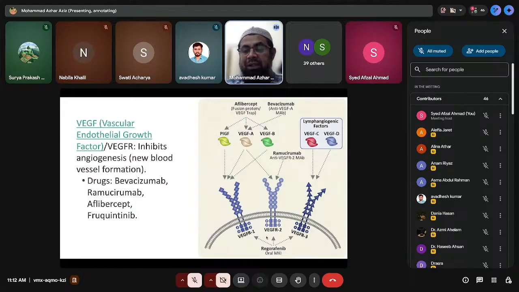And there's another one, regorafenib, a drug which can block all three receptors together. A wonderful drug, a wonderful target, everything known. Still, the statistics are pretty bad. 5% survival. Remember that. Only 5% of people are able to survive in this.